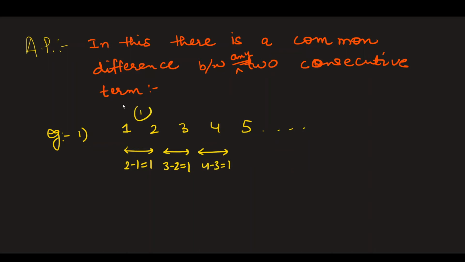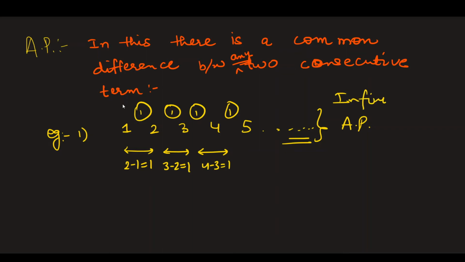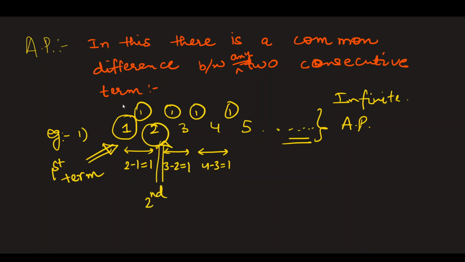So all these differences are 1. So it is an AP. Plus this is a continuous AP, meaning it is never ending. So it is an infinite AP. And what is its first term? This 1 is its first term. This 2, what is this 2? This is its second term.